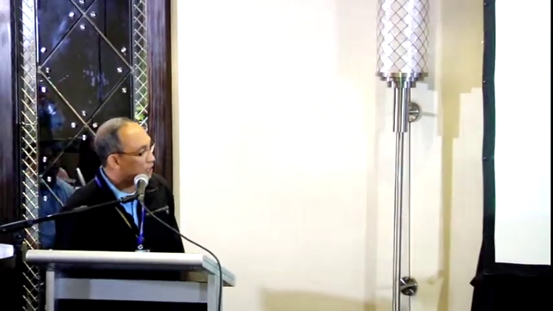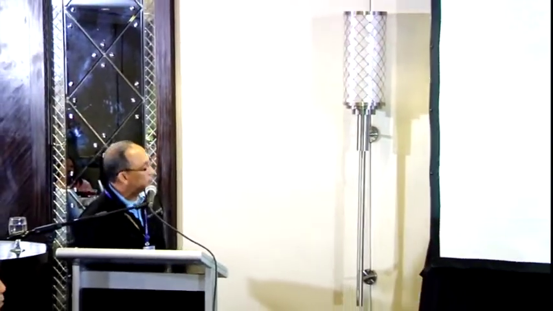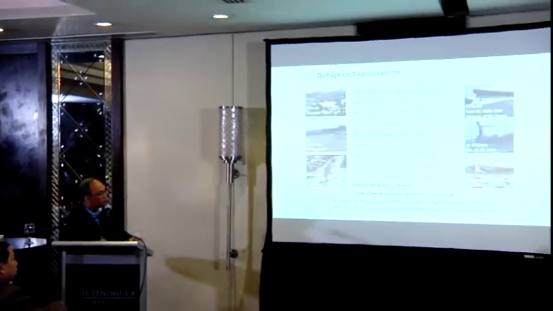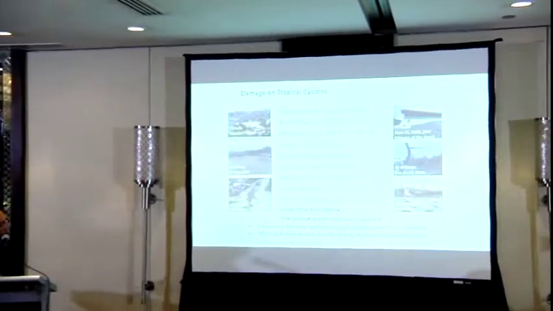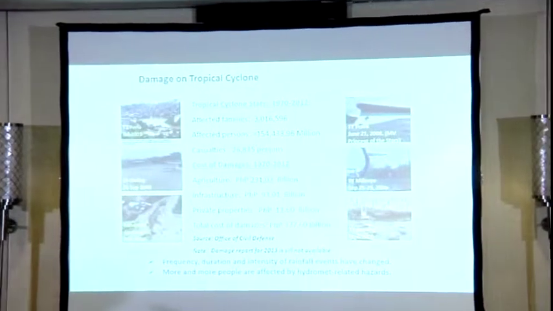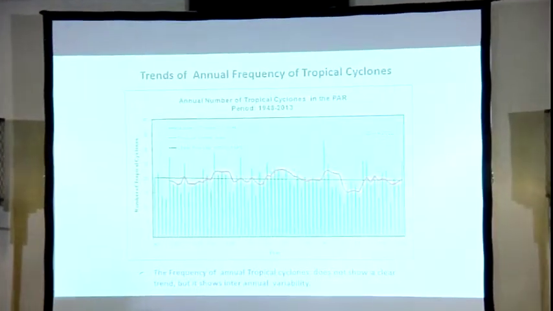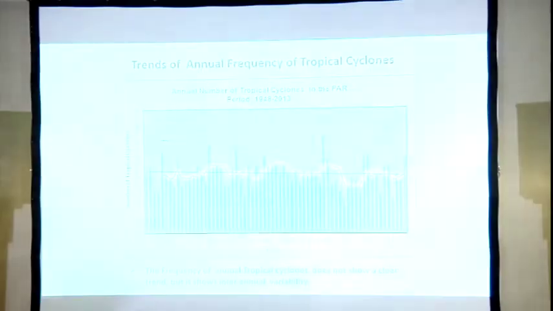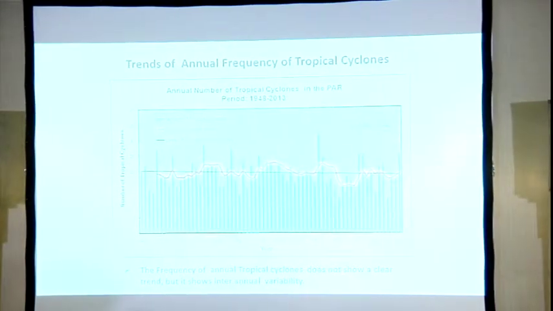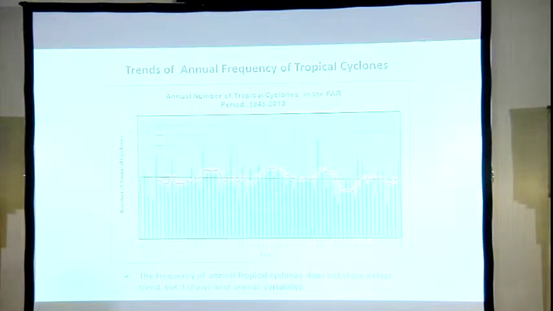Total cost is 337 billion. Frequency, duration, and intensity of rainfall event have changed. Talagang napakapalad natin may project NOAA na tayo. More and more people are affected by hydromet-related hazard.